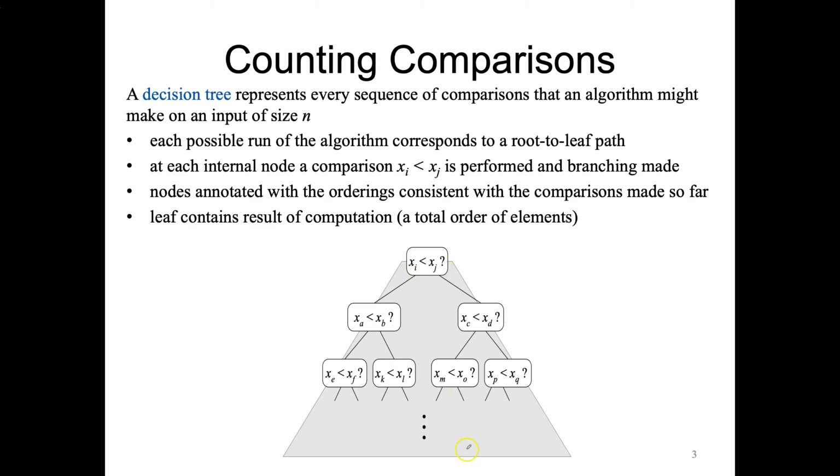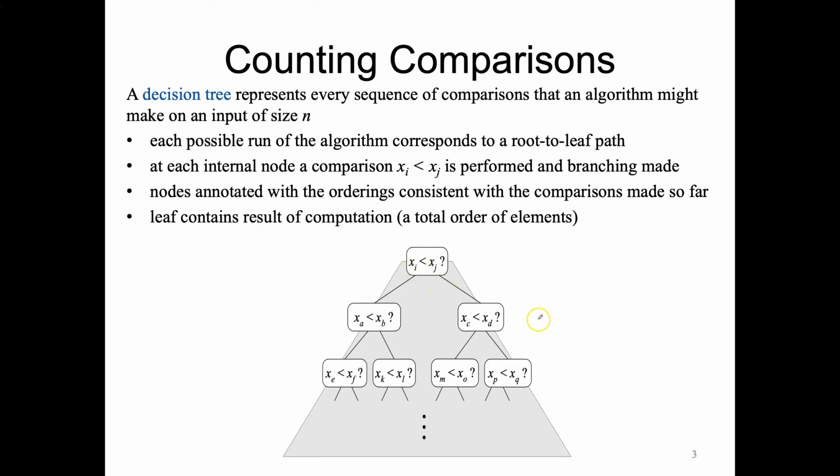to leaf path. And I'm not showing it here, although you'll see it in the next example, but each node will have stored with it all possible orderings consistent with the comparisons we've made so far. So at the root node, this will have every possible permutation of elements. And let's say at this node here, we'll have every possible permutation of elements which satisfies that xi is less than xj.